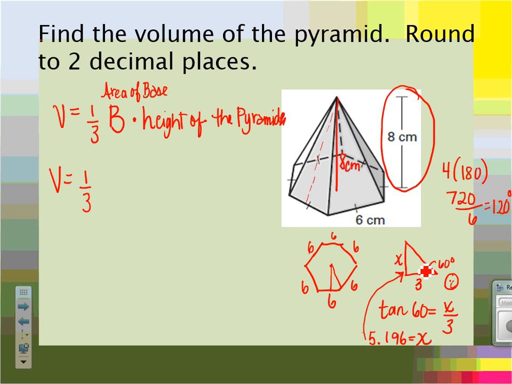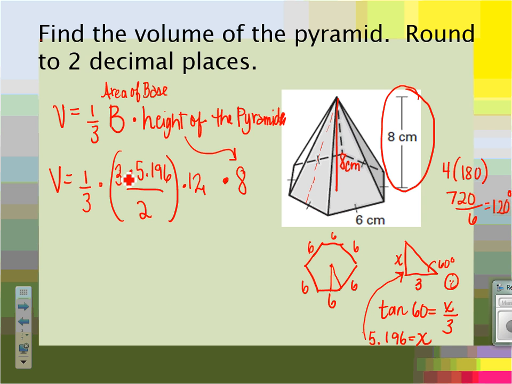Now what we do is we find the area of that one triangle. So we're going to do the base, 3, times 5.196 divided by 2. But remember how many of those triangles are within a hexagon? There are 12 of them. And then times the height of the pyramid, which would be 8.